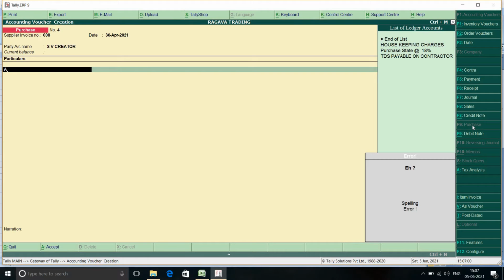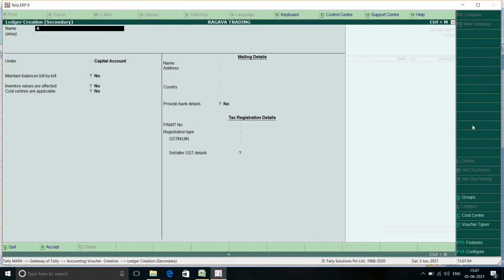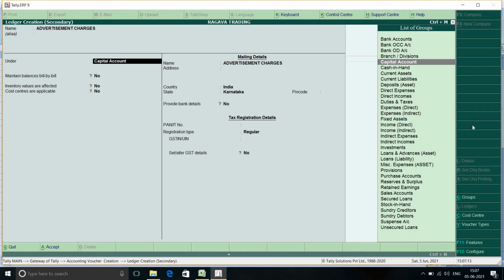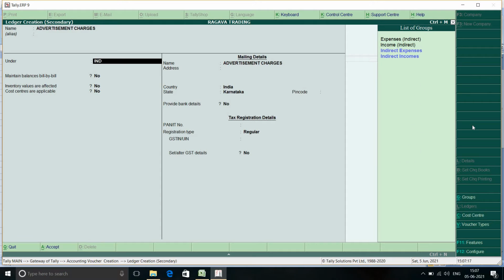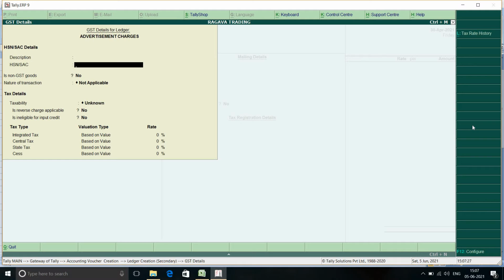I am creating one advertisement account, advertisement charges. Advertisement also comes under contract. Indirect expenses. GST applicable, yes. HSN code and all you can mention.